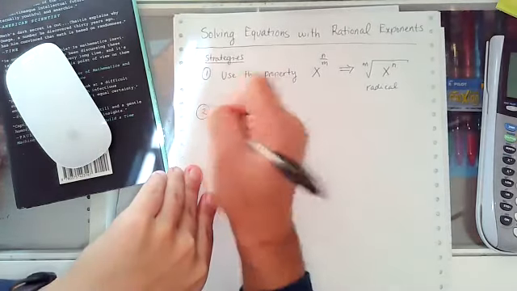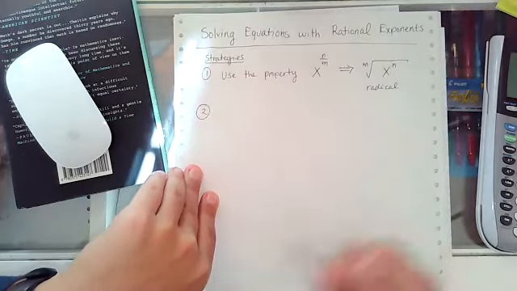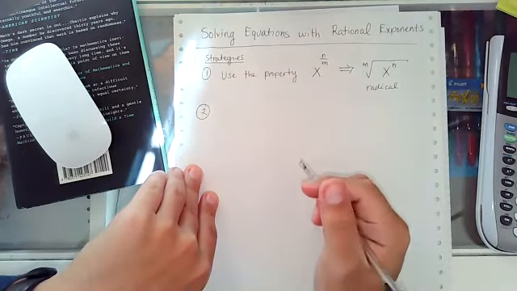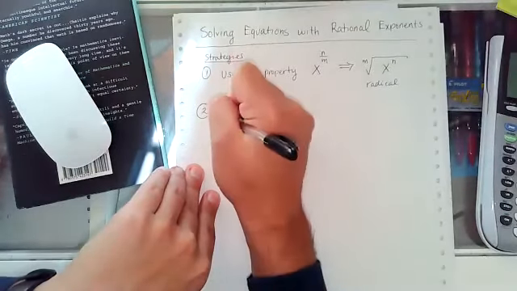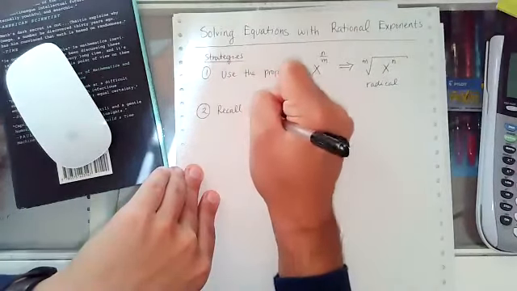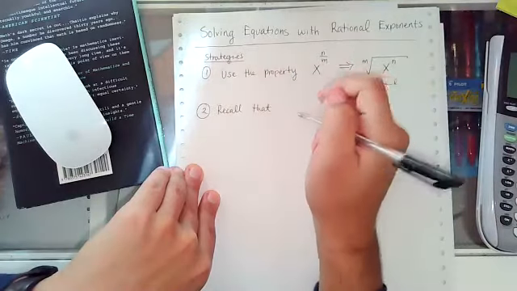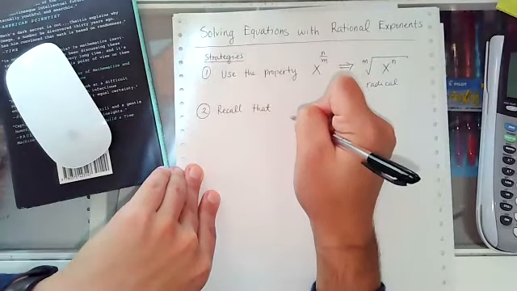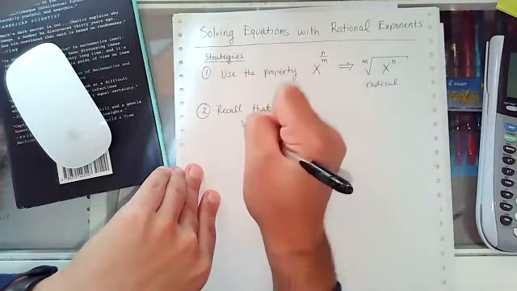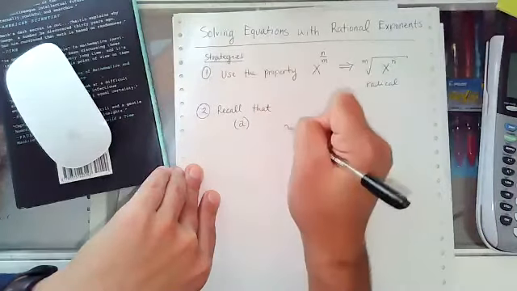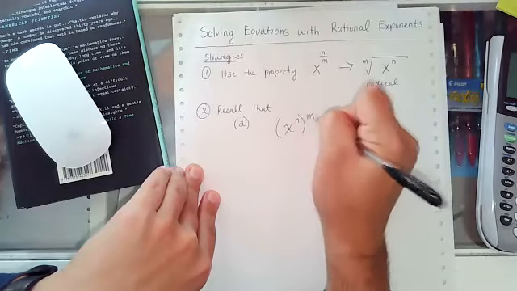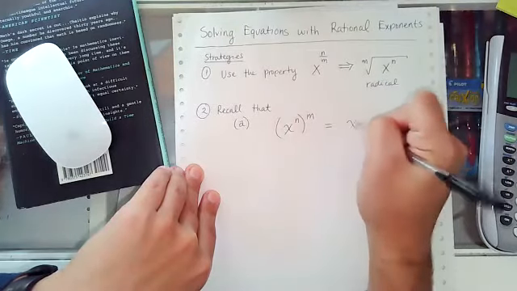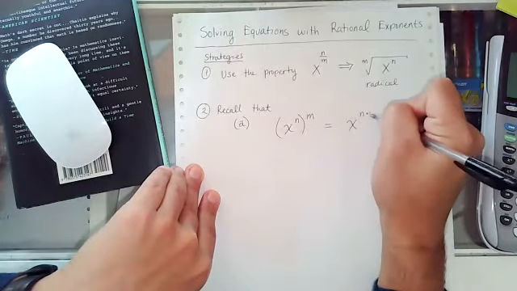But usually the most straightforward way to solve an equation that has a rational exponent is just recall the fact that, well, two facts. The first fact is that if I have x raised to some power and then it's raised to another power, those powers are multiplied.